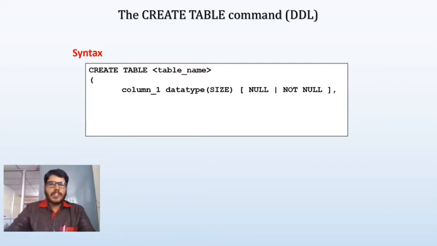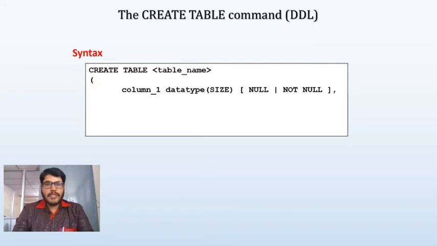While specifying the column definition, we have to use a column name first, and after specifying the column name, we should leave one white space, and immediately after that, we should specify the data type. Already we have discussed the different data types used in Oracle, and what do we mean by data type?